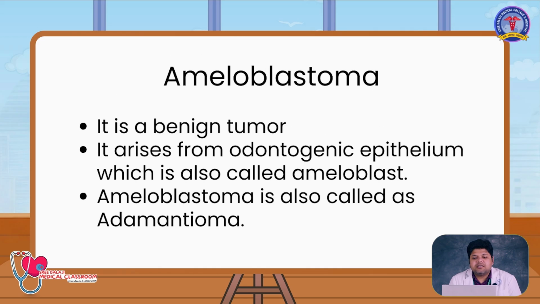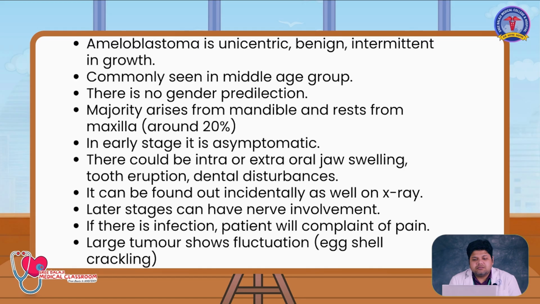Ameloblastoma is a rare benign tumor of odontogenic epithelium, that is ameloblast. It is also called adamantioma. The term was coined in 1885 by a French physician, and ameloblastoma was coined in 1930 by Ivey and Churchill.